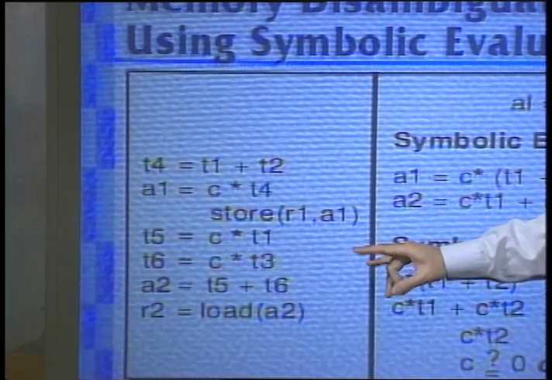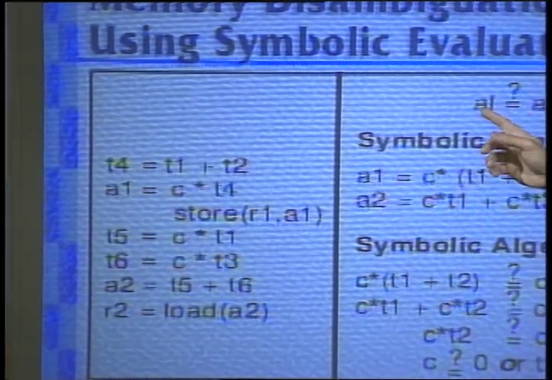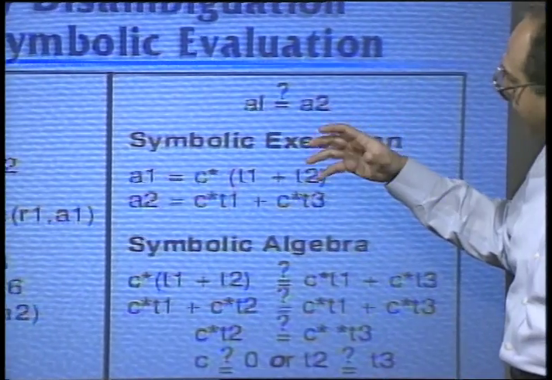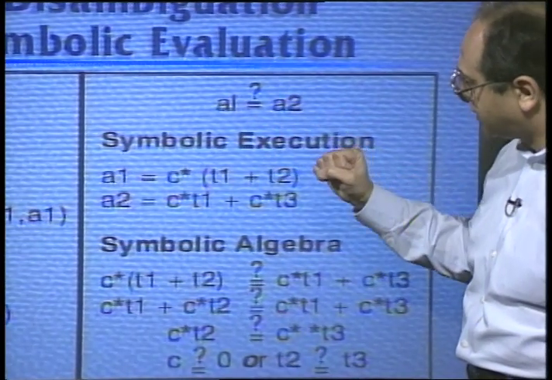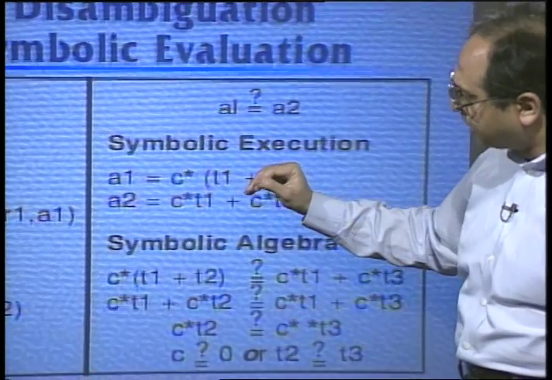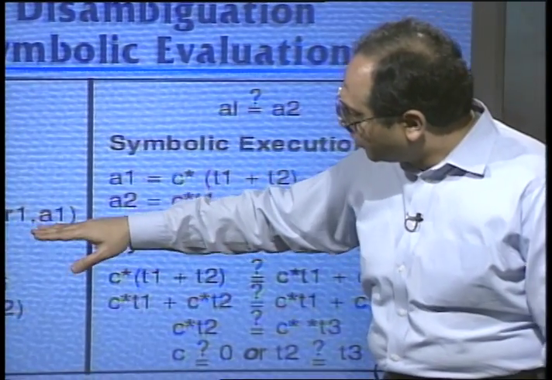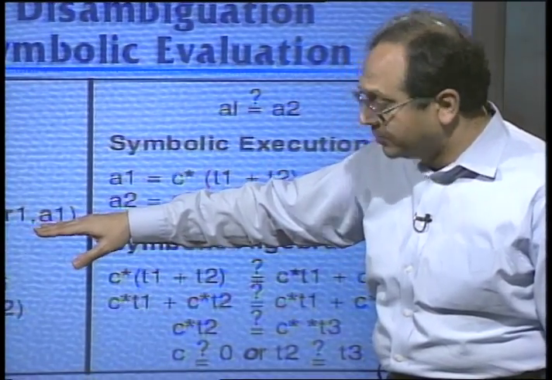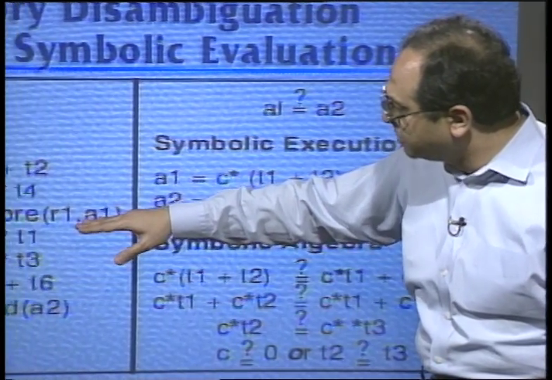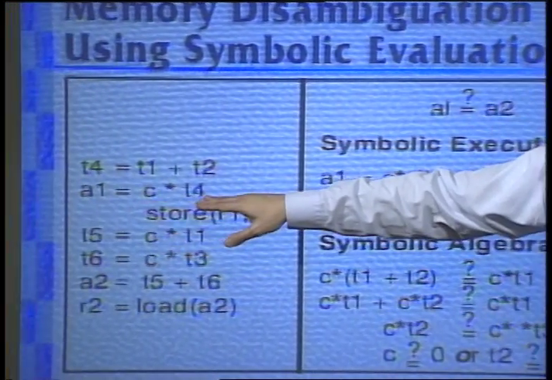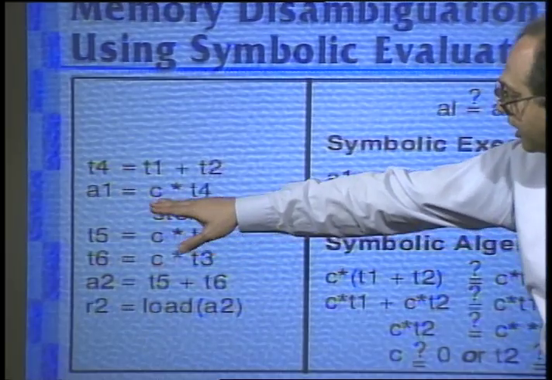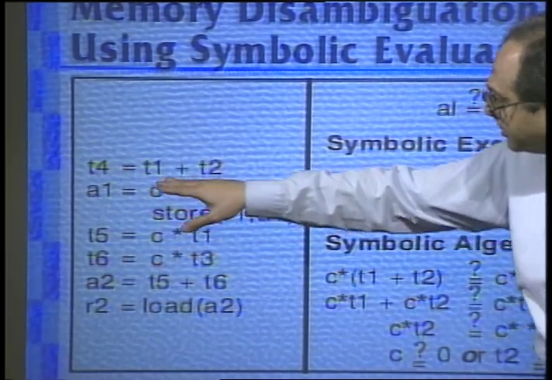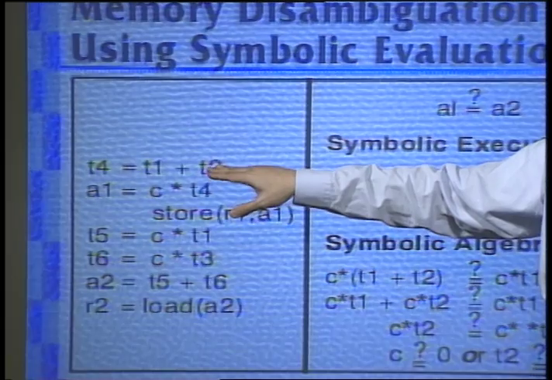Now, trying to answer the question as to whether A1 is equal to A2, we'll go in two steps. First, we do symbolic execution. What we want to know is what the value of A1 is. Well, we don't know that, but we do know that it is C times T4. Again, we don't know what T4 is, except that it is T1 plus T2.